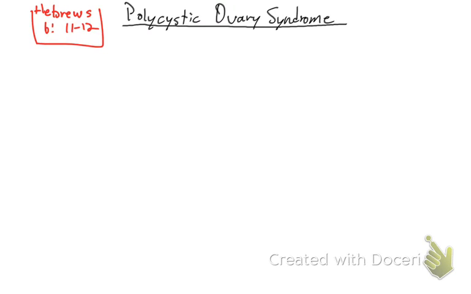So for polycystic ovary syndrome, we're going to see a table here, and basically in the table we're going to see the clinical features and then the treatment. Let's just do it in black first.